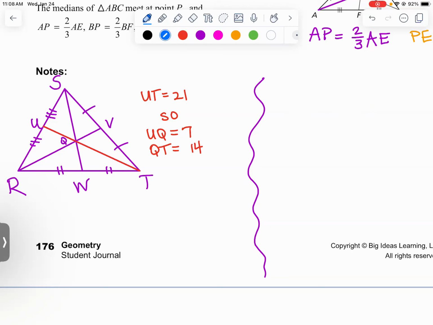Now I'm going to draw in that SQ is 8. If SQ is 8, I want to know what QW is. How'd you get that, Presley?